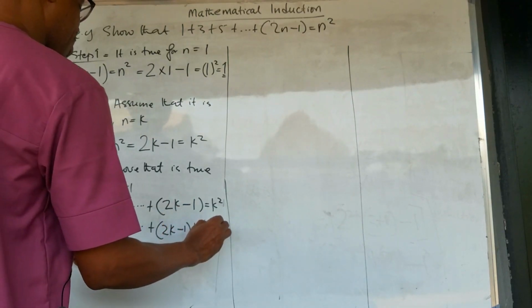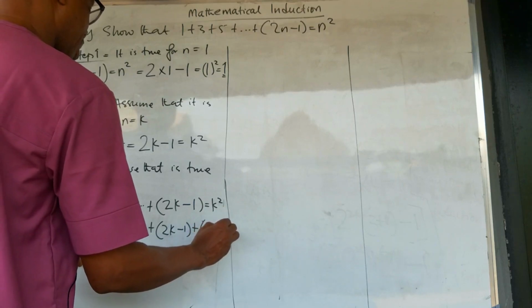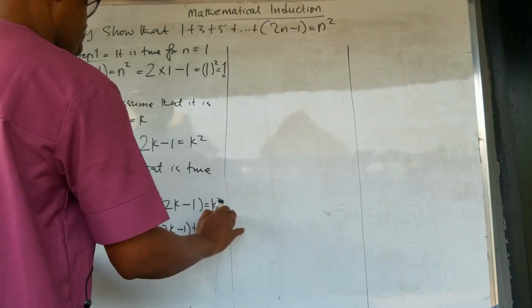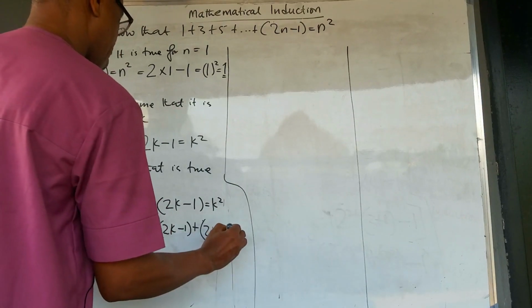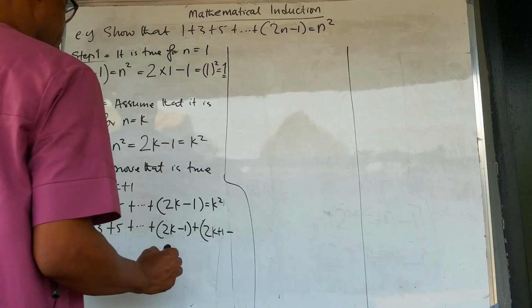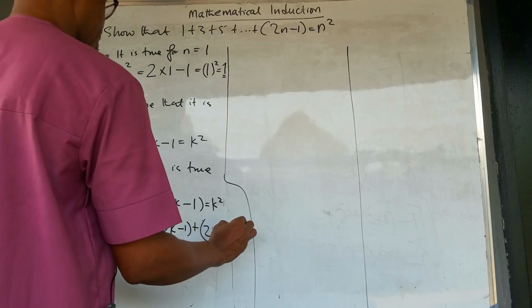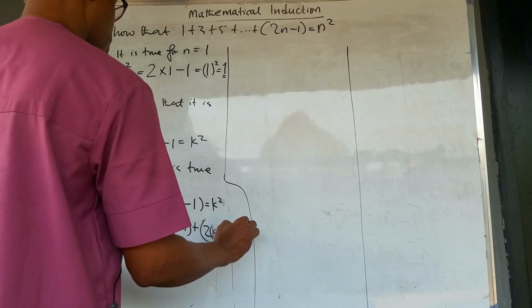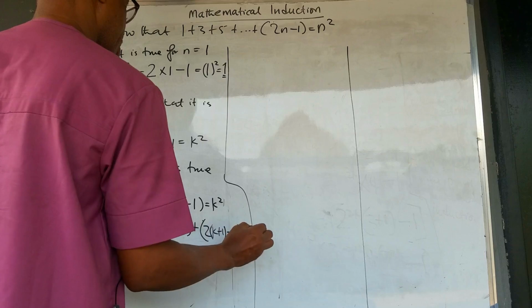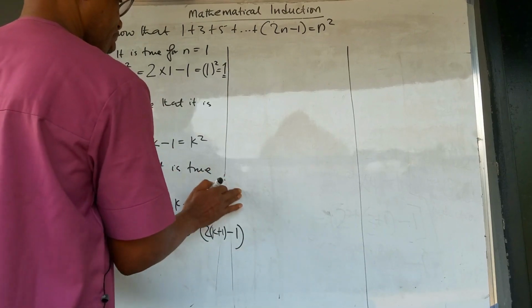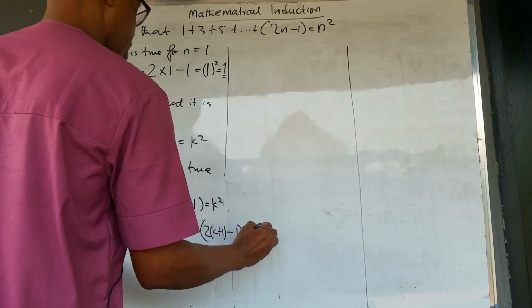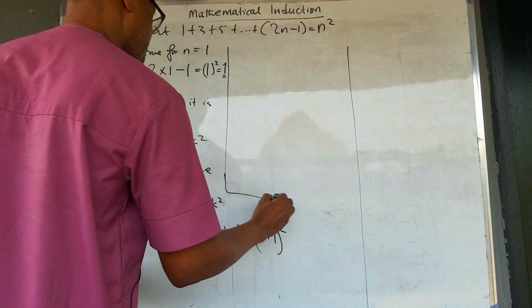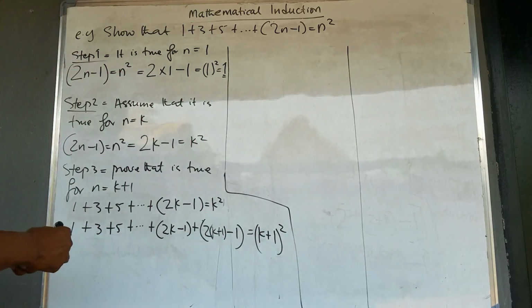So I have 2 times (k plus 1) minus 1, that is 2(k plus 1 minus 1), all equal to (k plus 1) squared.